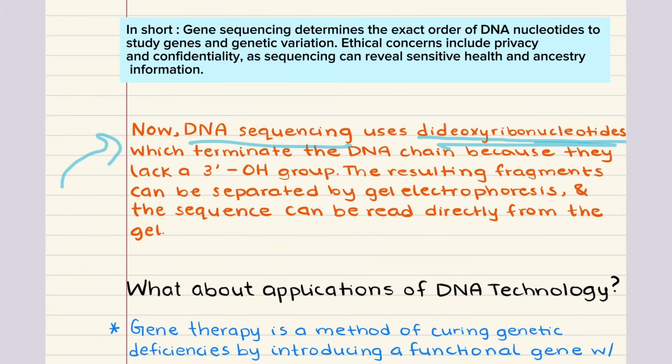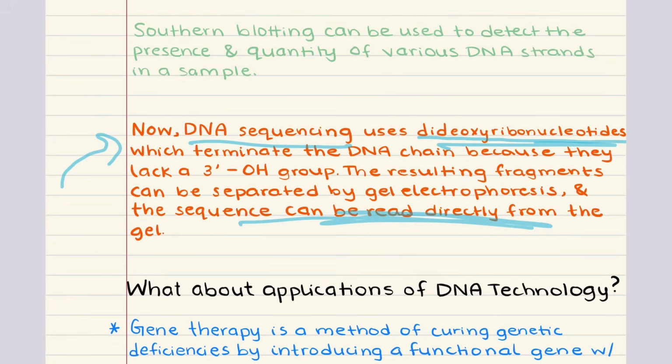Now, when we separate these fragments using something like gel electrophoresis, the pattern of fragment lengths is going to correspond to the DNA sequence, and that is going to allow us to read the genetic code base by base. So with these tools, cloning, PCR, electrophoresis, blotting, and sequencing, we have everything we need to not only amplify DNA, but also analyze, detect, and interpret it at the molecular level.